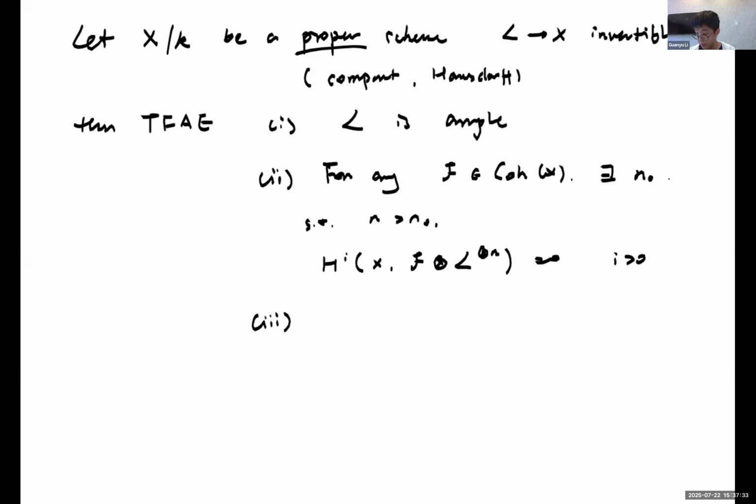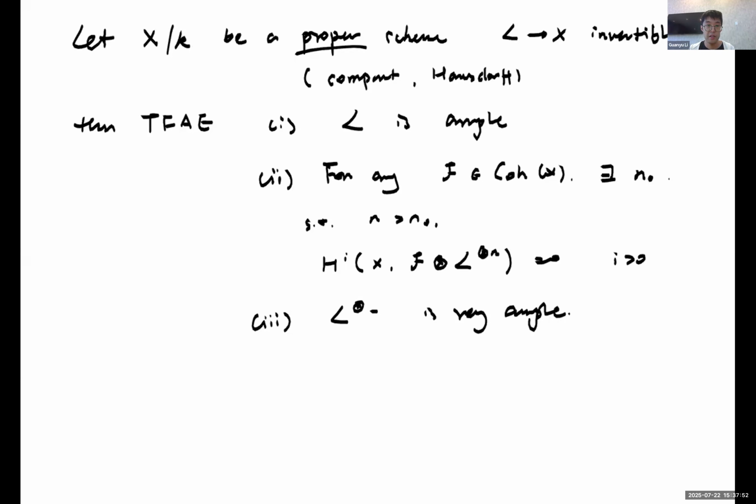The third one is, okay, L is very ample. L tensor many times is very ample, but that's another definition of being ample.